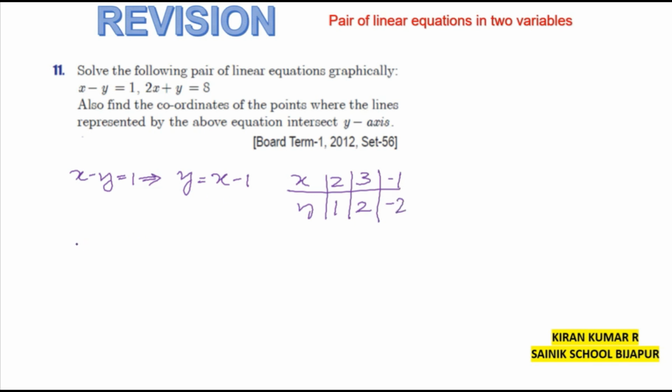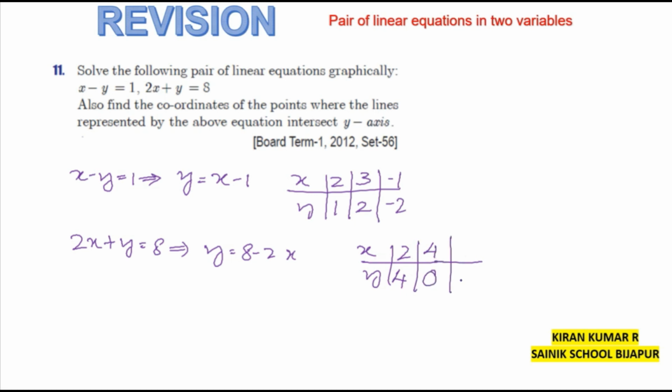For the second equation, 2x plus y equal to 8, y is written as 8 minus 2x. When I take the value of x as 2, the value of y is 4. If I take the value of x as 4, we get it as 0. If the value of x is 0, it will be positive 8. We need to plot the graph for these two equations.